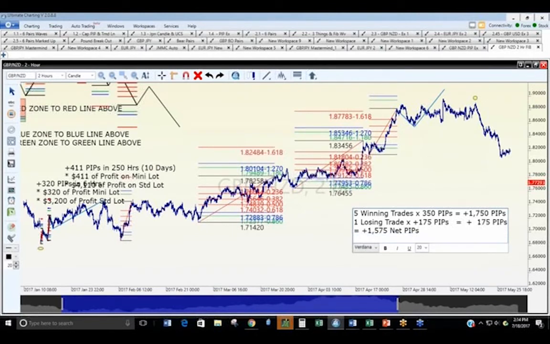And this would be an example of $1,575 if you're trading a mini lot, or this would be an example of $15,750 of profit trading just 1 standard lot, okay?